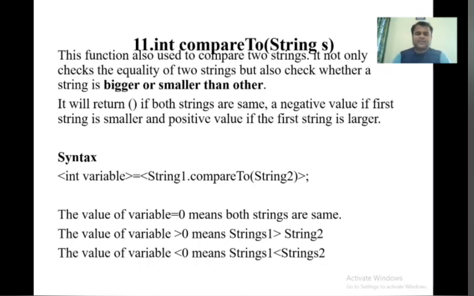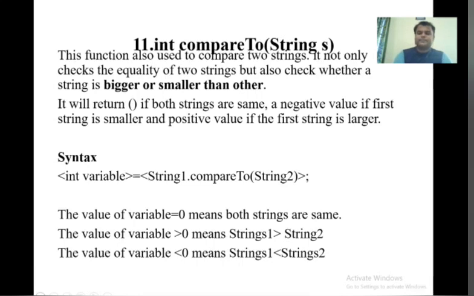If the two strings are the same, for example computer and computer, it will give 0. If the value is greater than 0, string 1 is greater than string 2. And if the value is less than 0, string 1 is less than string 2.